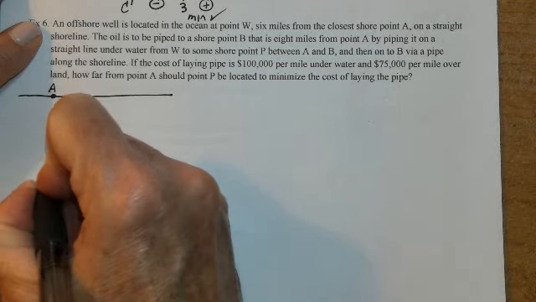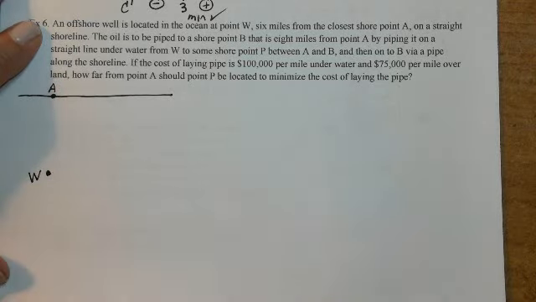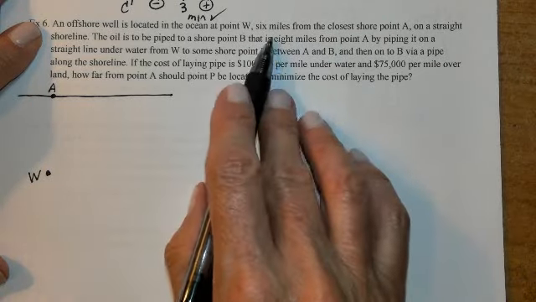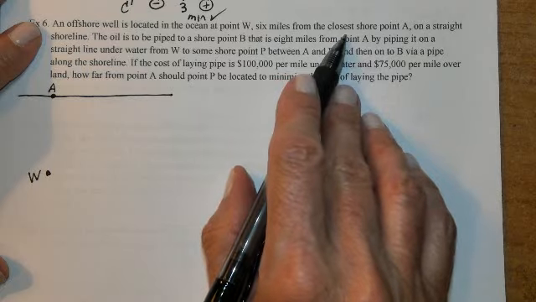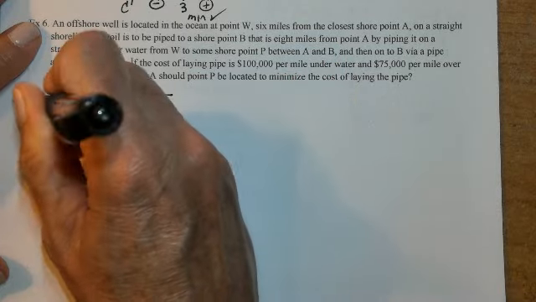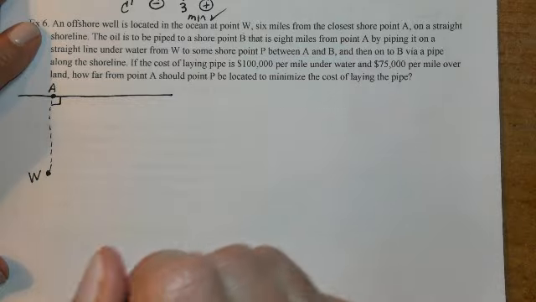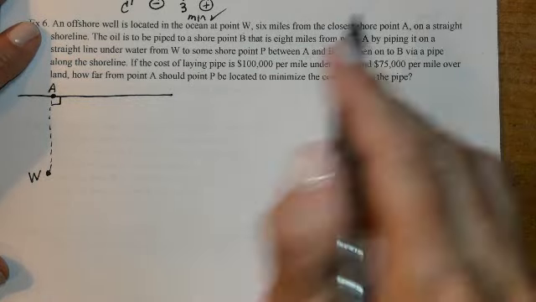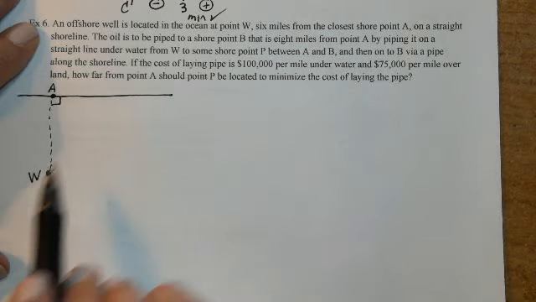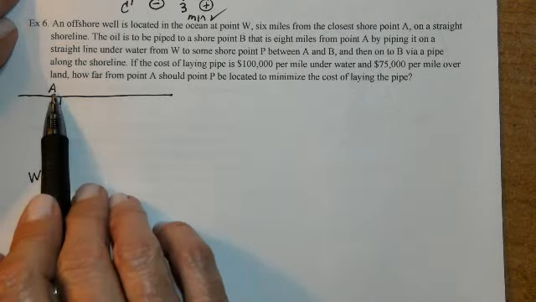I'm going to call that W for well. And it is 6 miles from the closest shore point. So this must be a right angle here, if it's closest, right? I love it when they have these straight shorelines too. It's so convenient. Okay, so here's our oil well, closest point.